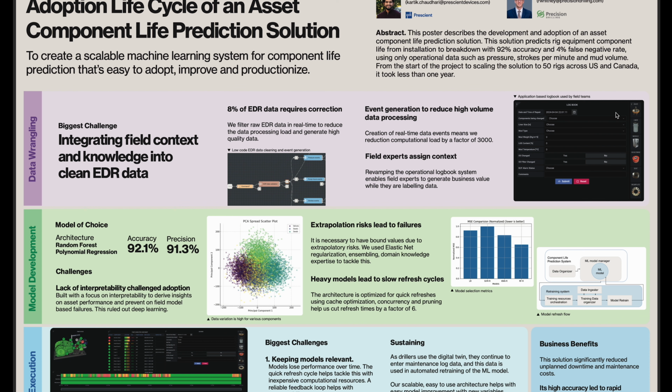So you have all of these things quantified into events instead of going over your entire time series data all the time. This event generation platform made the machine learning approach a lot easier. The big advantage was it reduced our computational load by a factor of more than 3000.